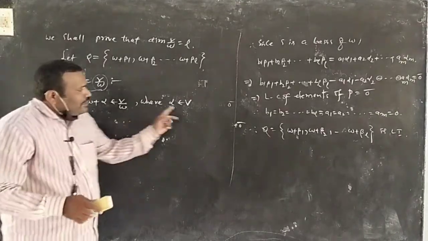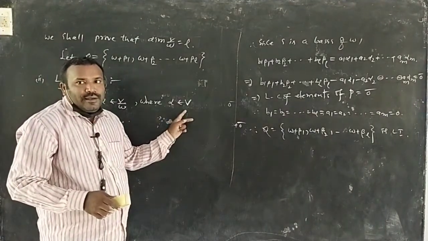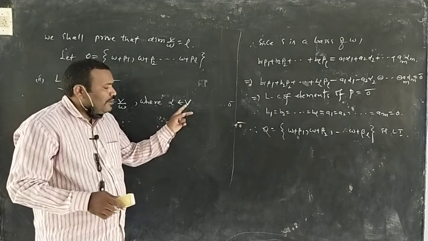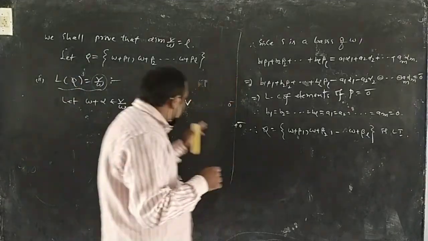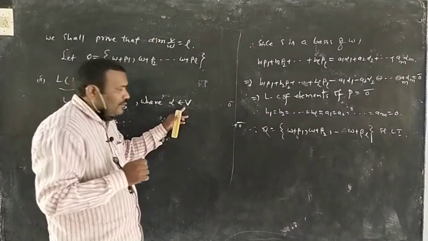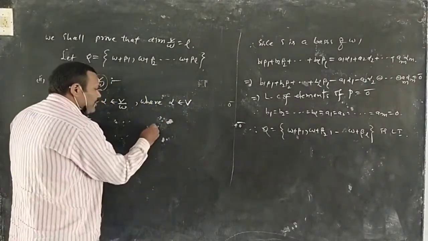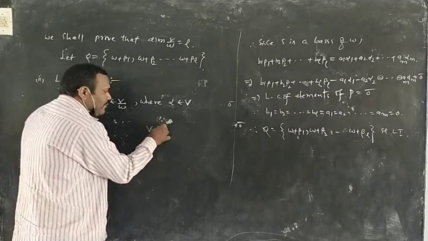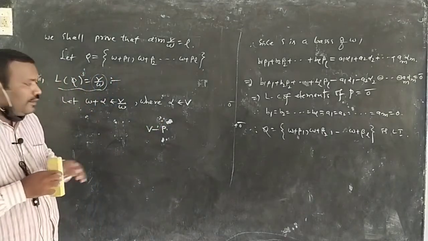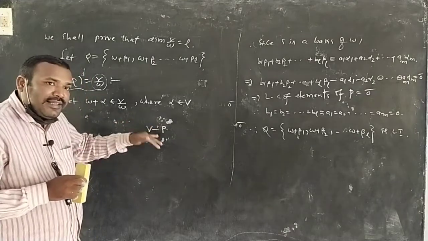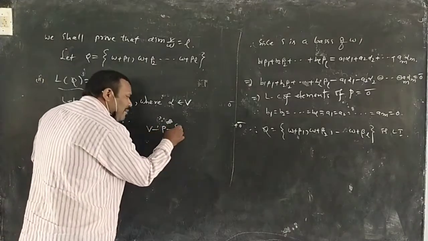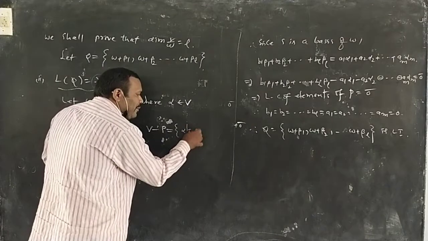So alpha belongs to V. V is a basis of which set? V has a basis. What is the basis of V? P. P is a basis of V. P has elements alphas and betas.